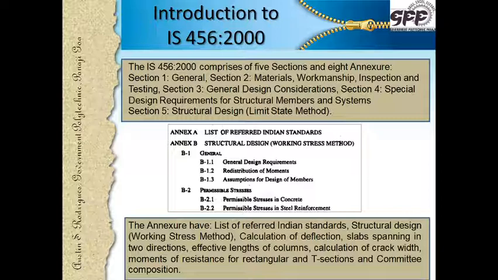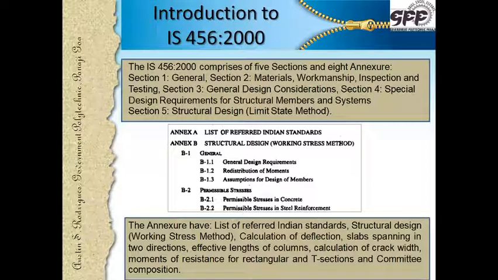Section 2 also deals with inspection and testing: how the inspection of the materials or the construction will be done, what methods are followed, and the methodology for testing. All that is covered in section 2.